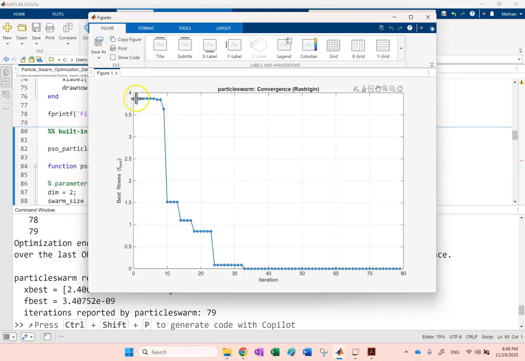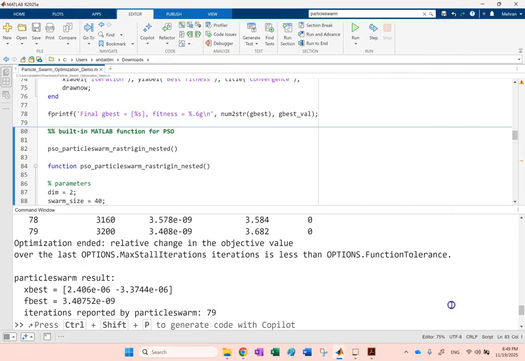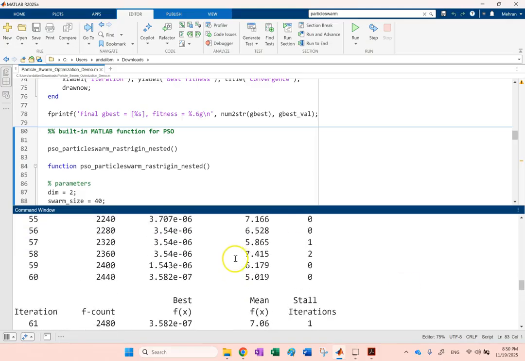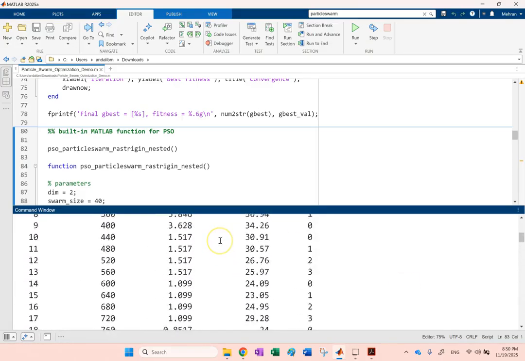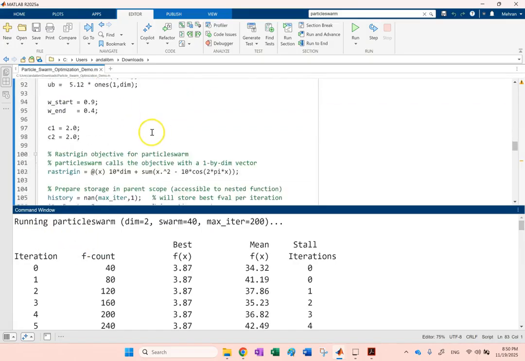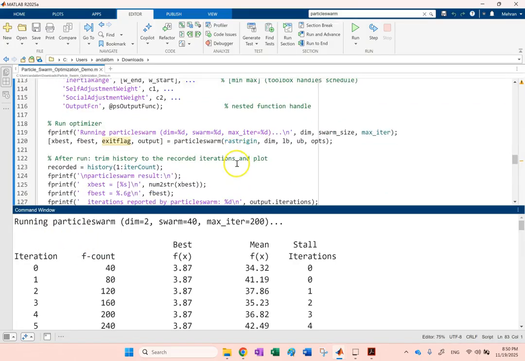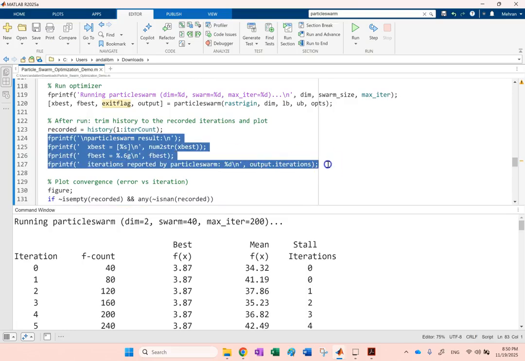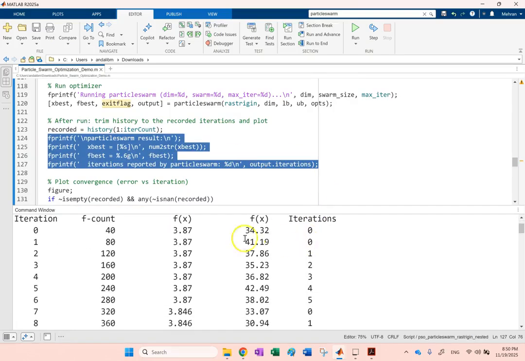You see that it started at about 3839 and went to almost 0. It's something like 10 to the power of minus 9. Okay, and it can give you this information. Look here. All of this intermediate information is taken from that output function, and as you can see, it is all printed using fprintf.